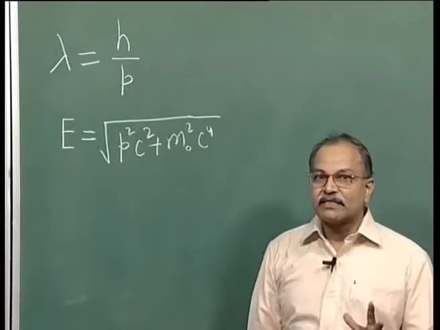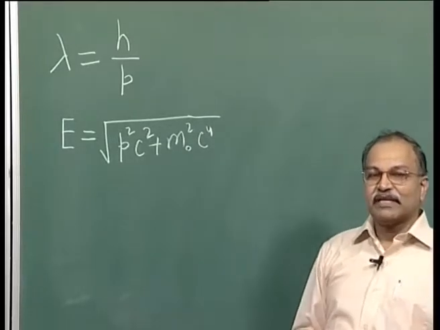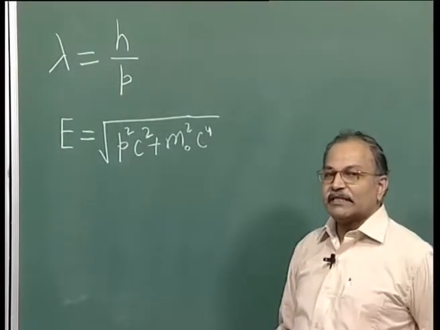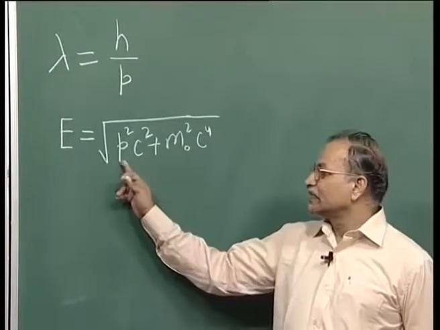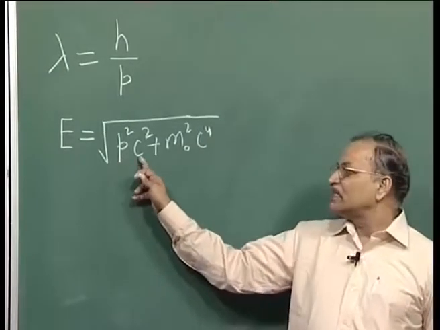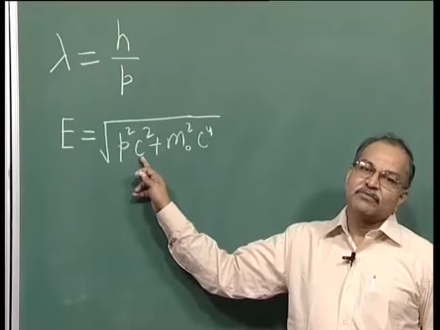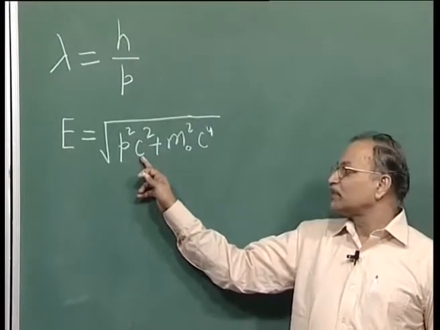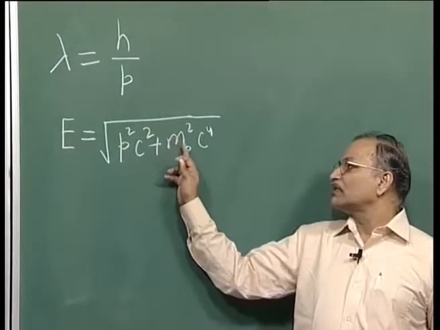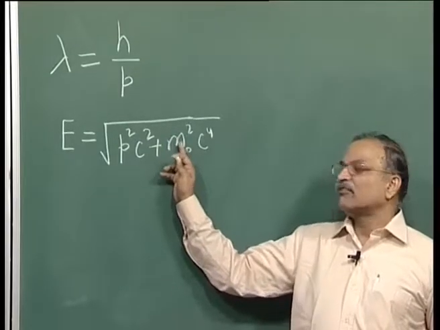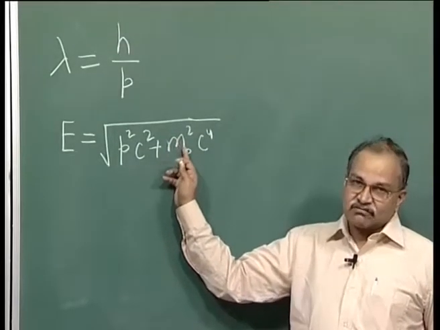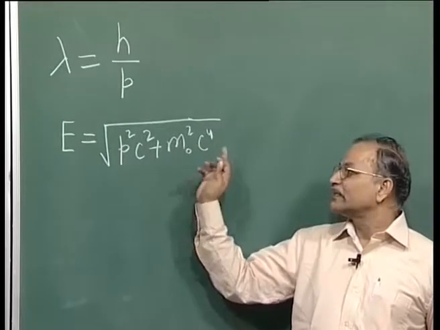So this is the total energy of the electron, taking care of everything, rest mass energy and kinetic energy. This p is the linear momentum, and c is the speed of light in vacuum, 3 into 10 to the power 8 meters per second. This m naught is the mass of the electron, and this c is the same as this c.